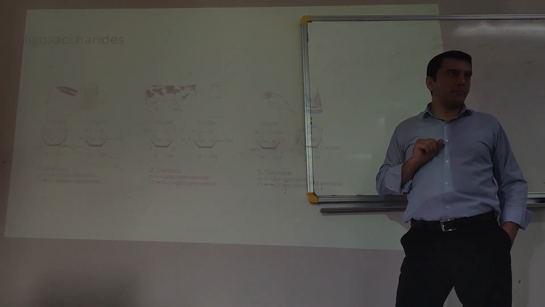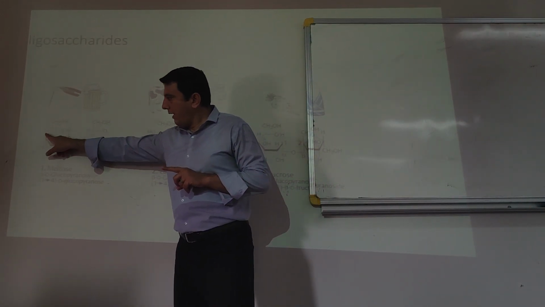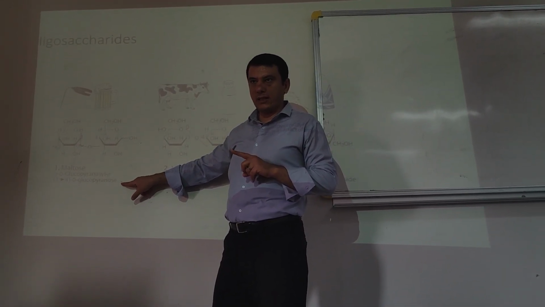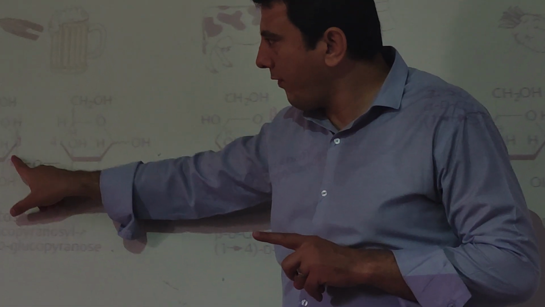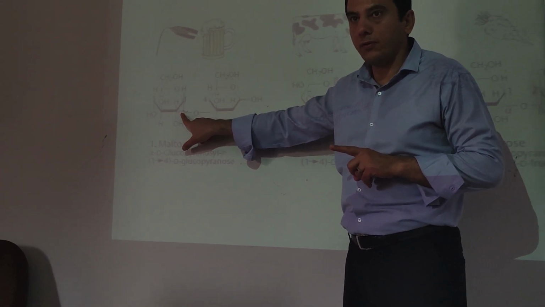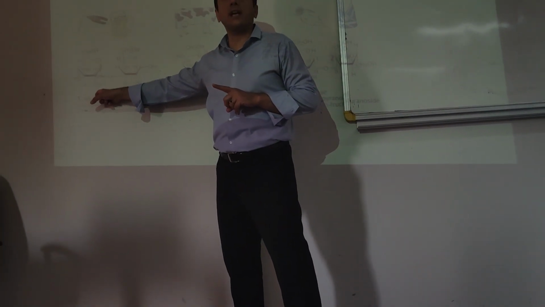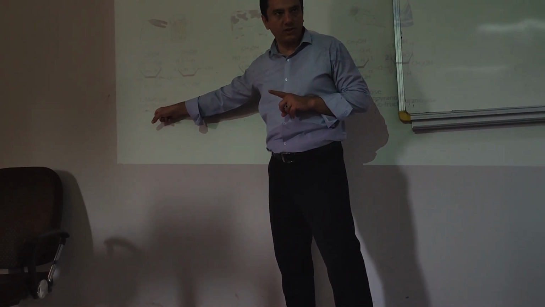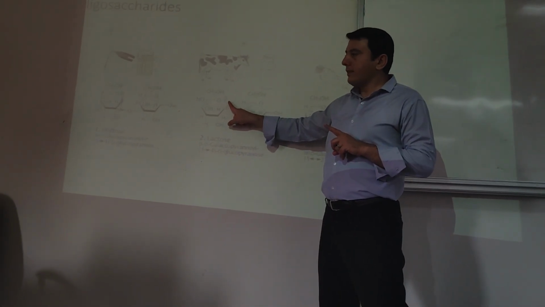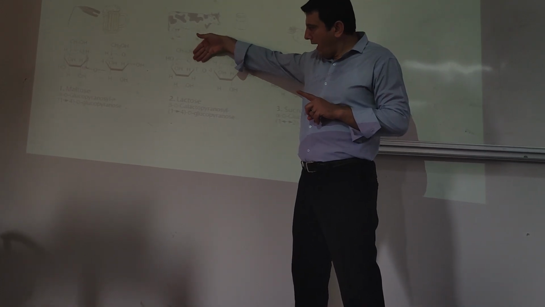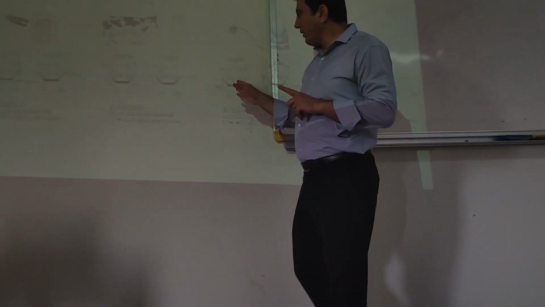As you can see here, in this type of molecule, the anomeric carbon is in alpha form. So we have an alpha glycoside, alpha linkage. The next one is in beta form, so we have a beta linkage. What about the last one?